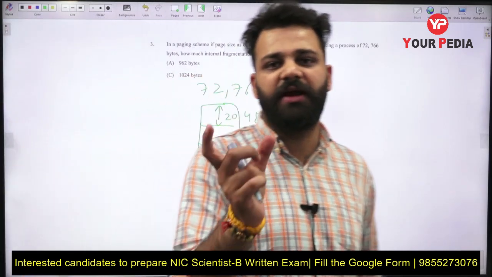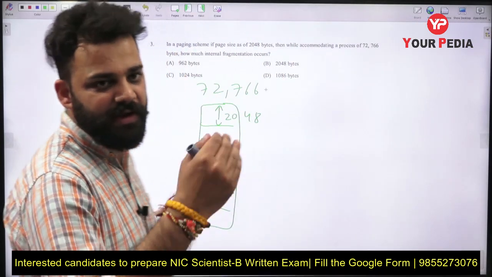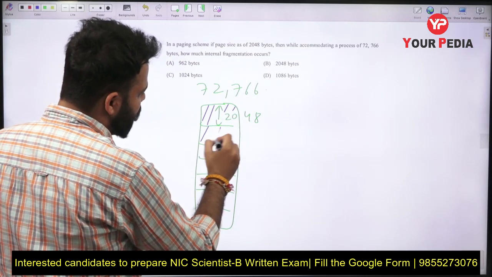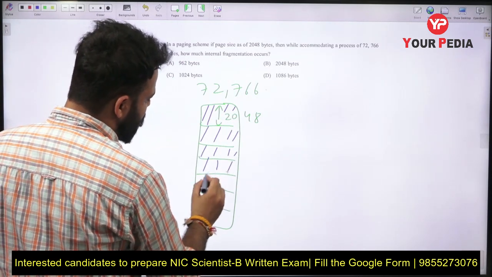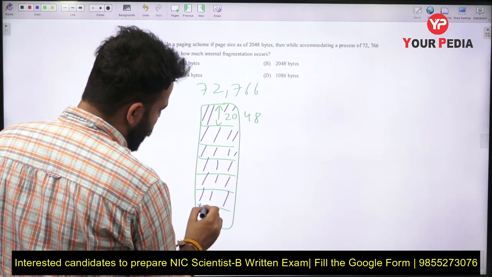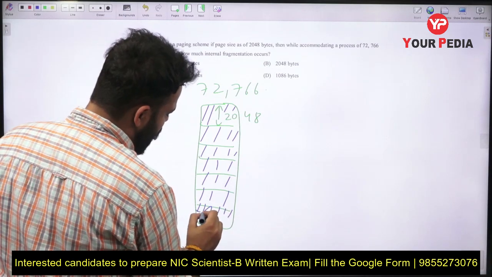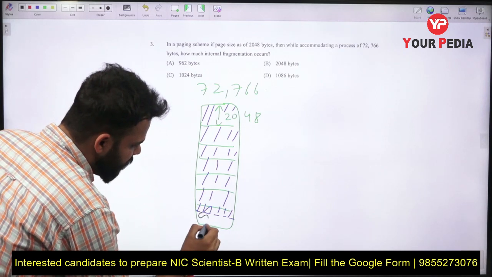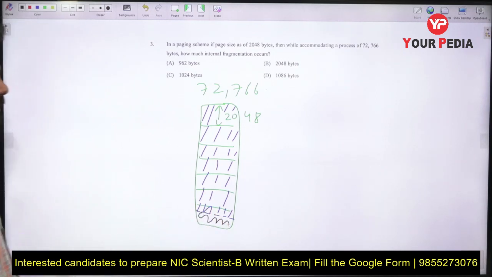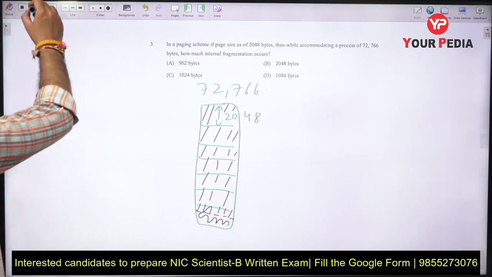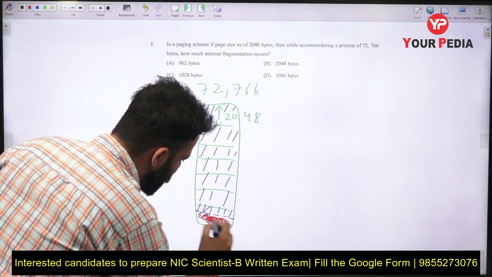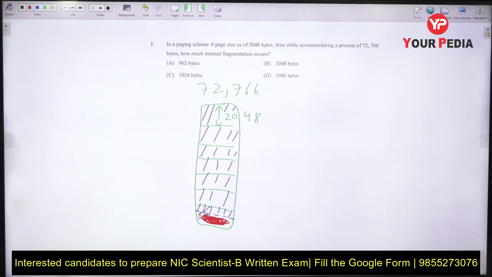So in paging, internal fragmentation will occur at the last page. So this will be full, this will be full, this will be full, and this last page will not be fully occupied, and there will be some internal fragmentation here, which I will color in red.